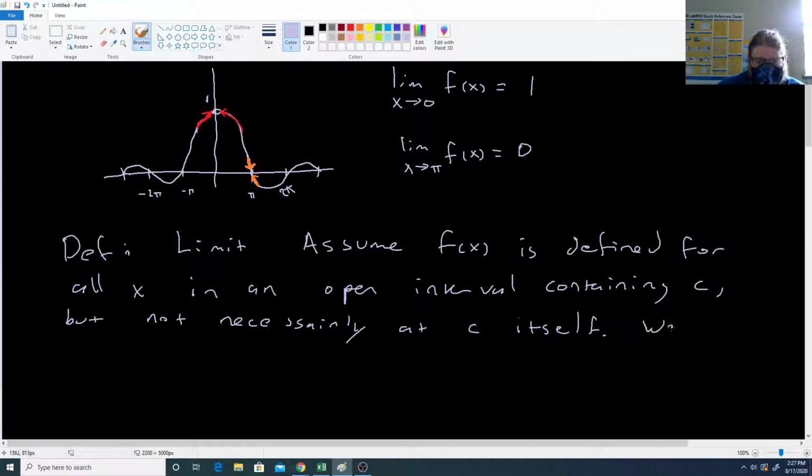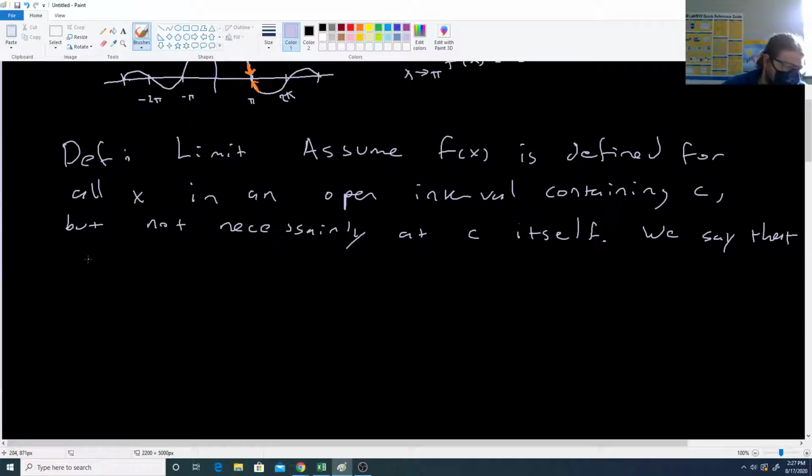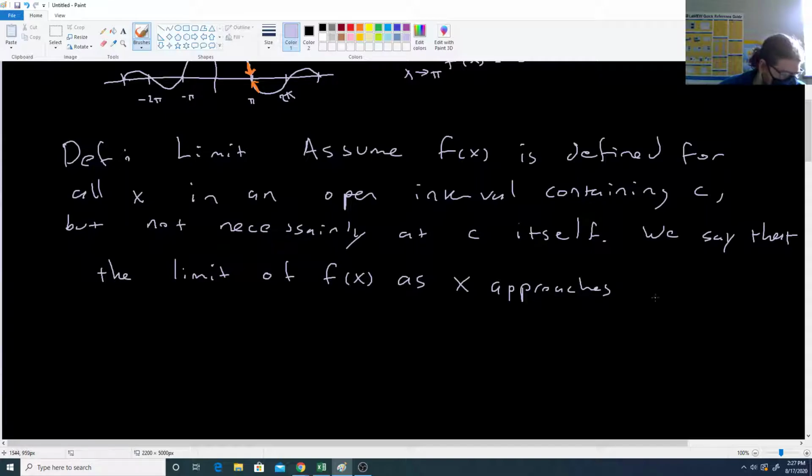We say that the limit of f of x as x approaches c is equal to L if the following things happen.